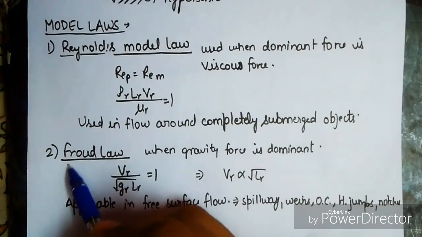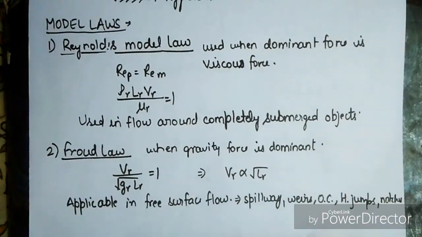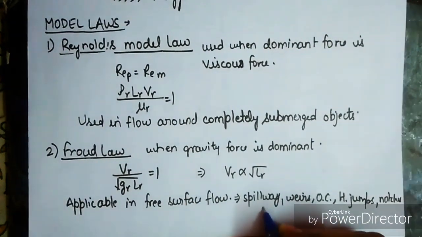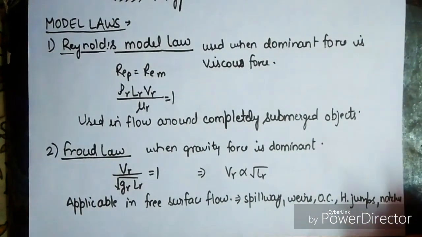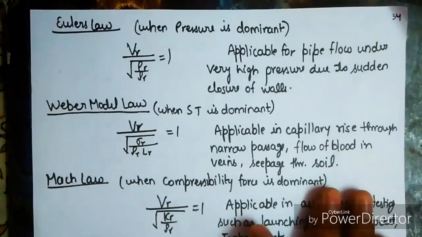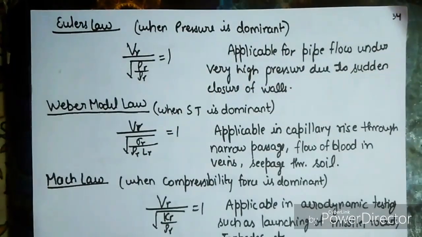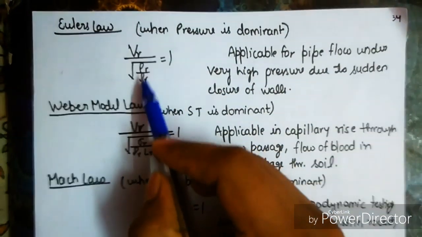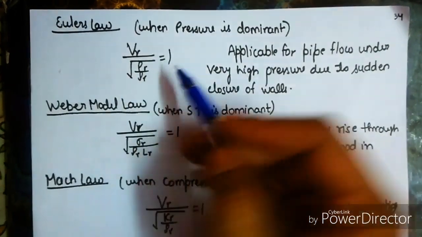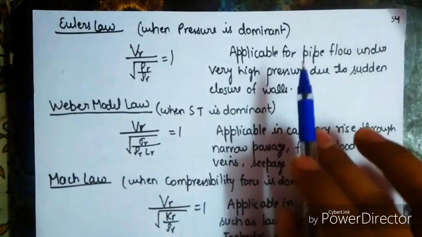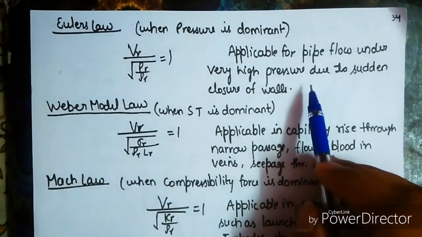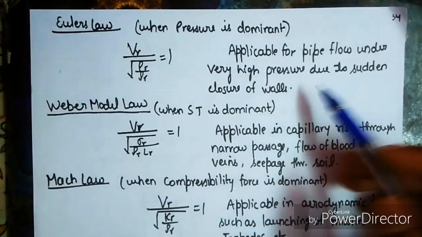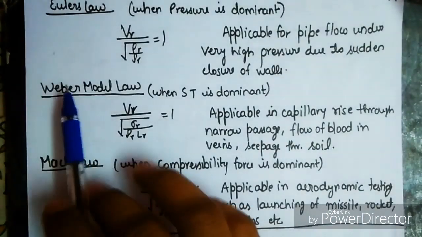This is very important for free surface flow, like spillways, open channel flow, weirs, hydraulic jump, notches, etc. Next is Euler's law. When pressure force is dominant, Vr upon square root of Pr upon rho r equals 1. This is applicable for pipe flow under very high pressure due to sudden closure of the valve, like water hammer pressure. Next is the Weber model law.